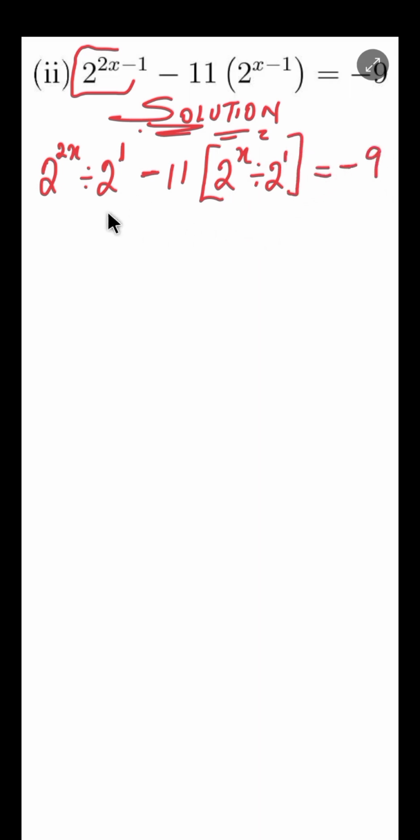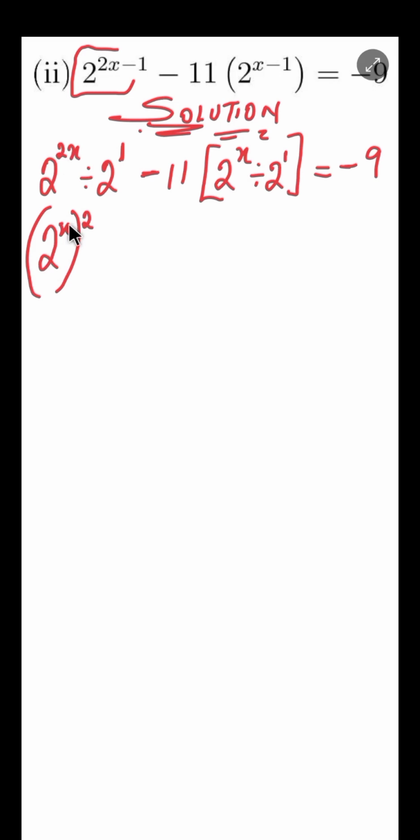So I can still decide to express this in such a way that I have 2 raised to the power of 2x here. If I want this expression to look similar, I can write 2 raised to the power of 2x as 2 raised to the power of x inside the bracket, with the 2 remaining outside.